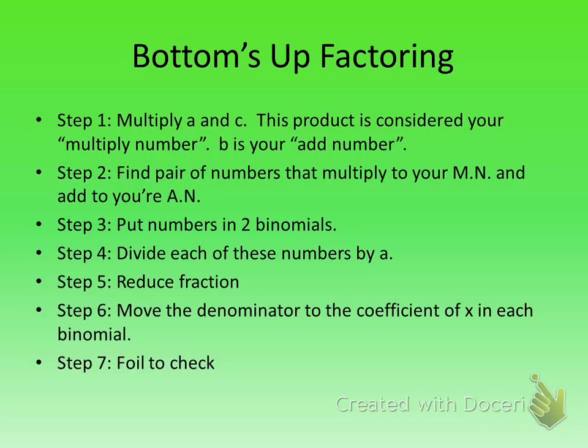Just put the division, put the number there, make it a fraction. You're then going to reduce those fractions. So 2/8 becomes 1/4, 6/10 becomes 3/5, stuff like that. Step 6, second to last step.